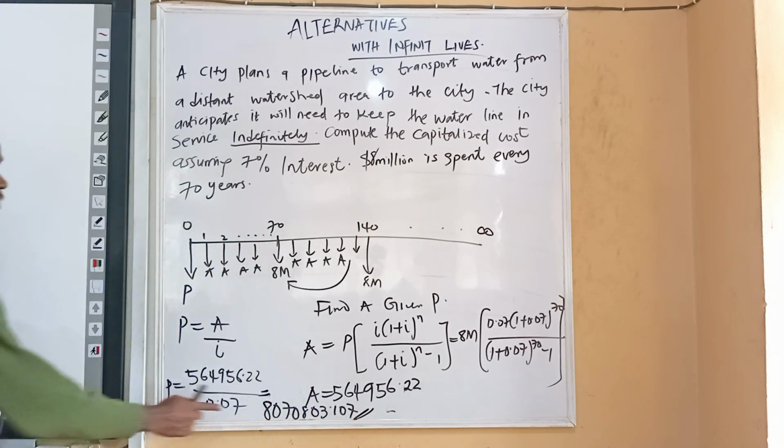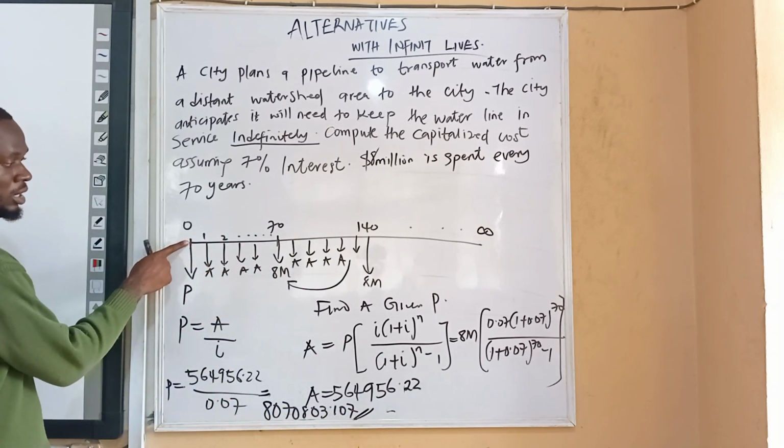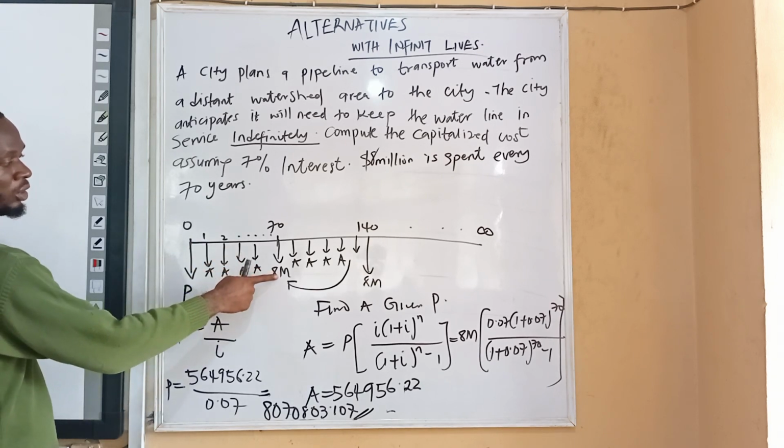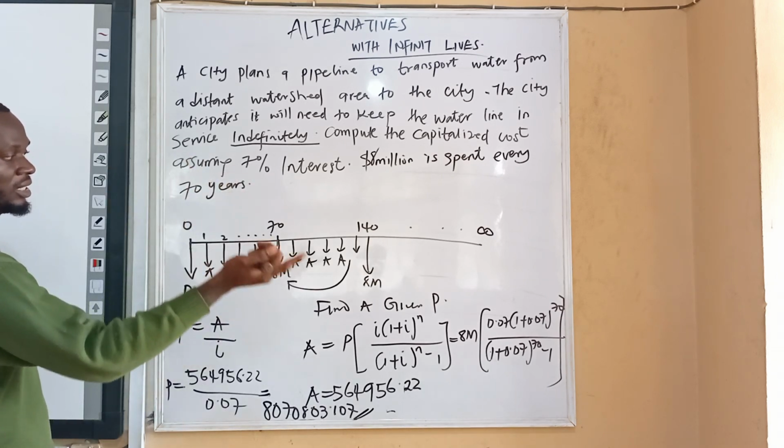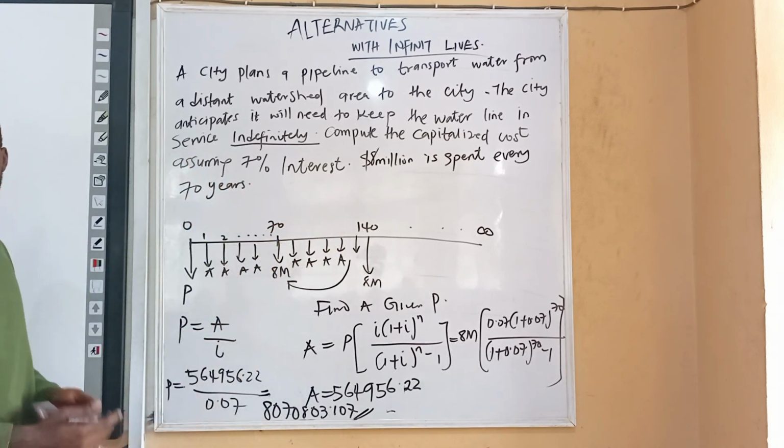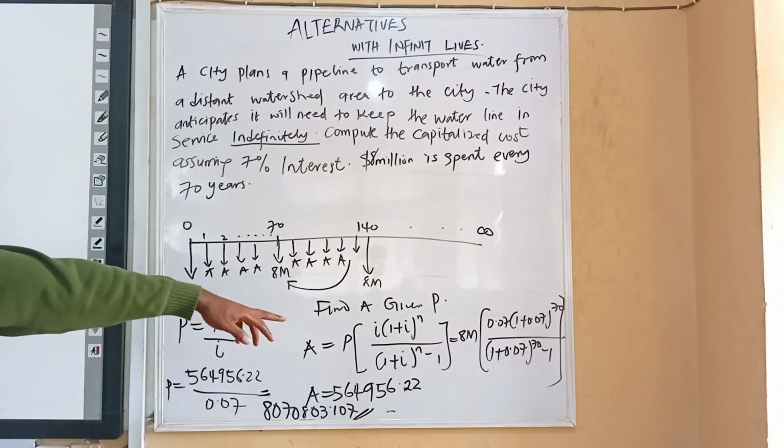So if you invest this money now, it will be able to yield 564,956 every year indefinitely. That's what this is talking about.